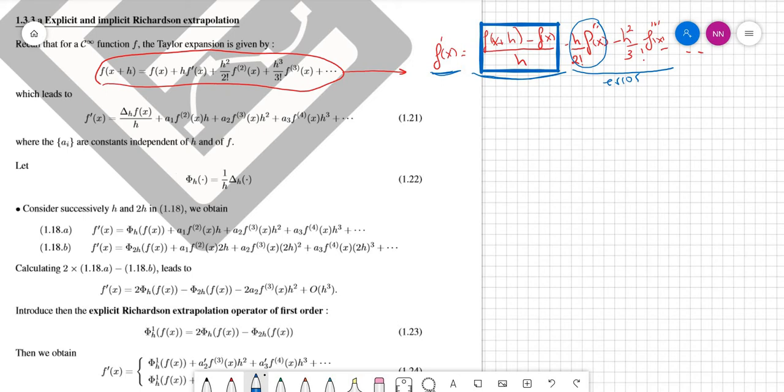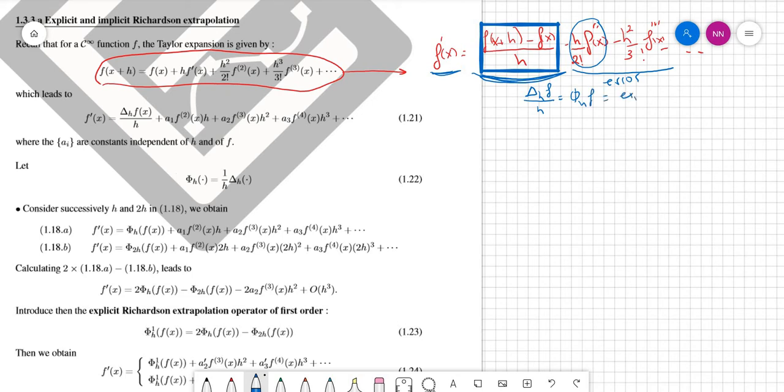What I will do is the following. First, the approximation in here, which we already denoted delta h f over h, I will now denote phi h of f. So what is phi h of f?